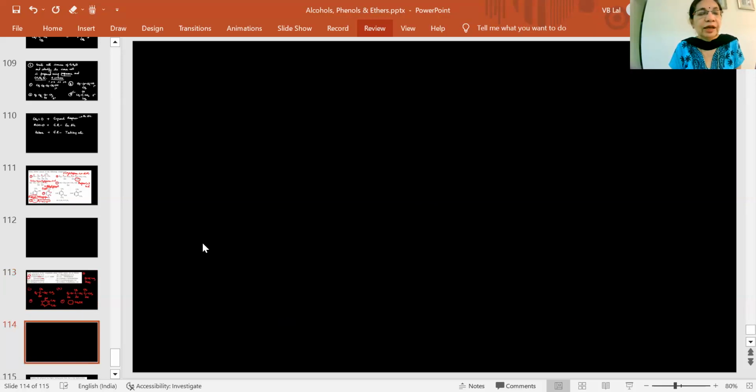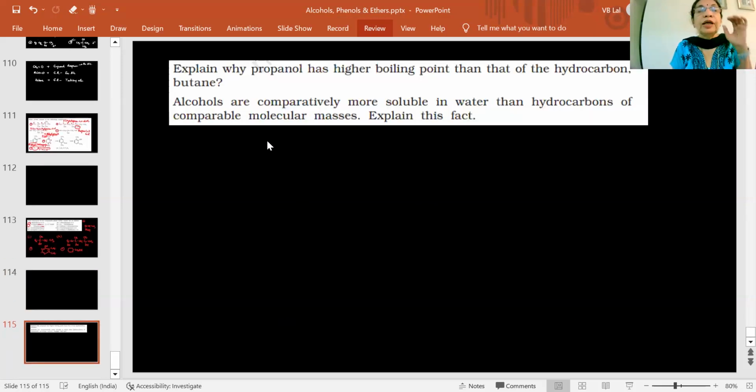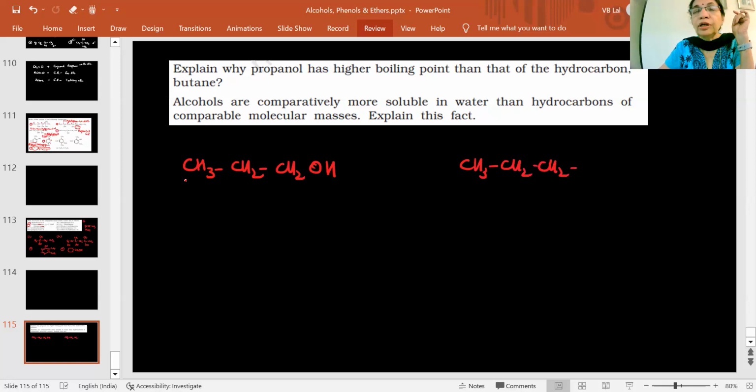The next question is, explain why propanol has a higher boiling point than the hydrocarbon butane. So propanol is CH3, CH2, CH2OH, and this is butane. Who will tell me why?